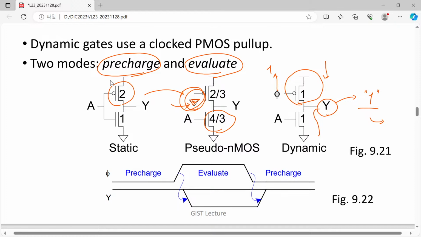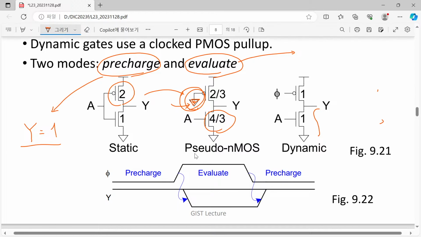In pre-charge mode, we just prepare Y equal to 1. In evaluate, we apply the clock signal equal to 1, clock signal high, then this PMOSFET is turned off, and the discharging is solely determined by this N MOSFET pull down network.